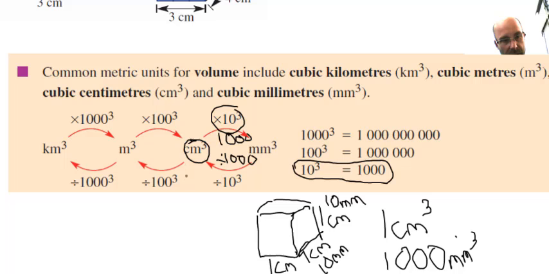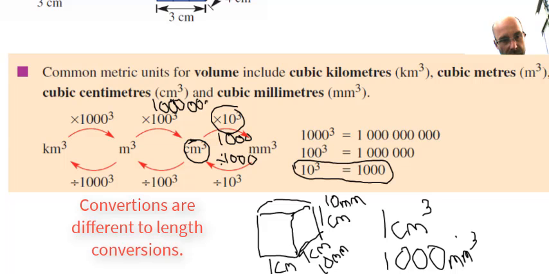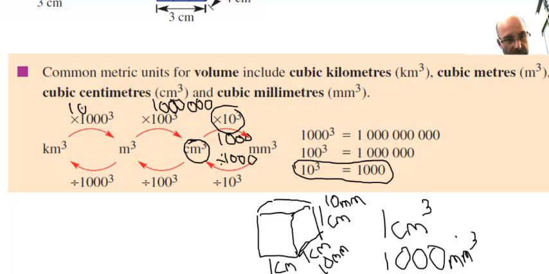So between centimetres cubed and metres cubed, we have 1,000,000. So it's 100 cubed. It's 100 times 100 times 100, and that is 1,000,000. So it's quite different, isn't it? The magnitude of the numbers, or the size of the numbers, is quite different. And we have 1 billion here for the same reason.